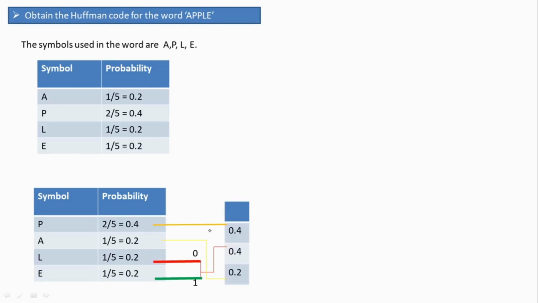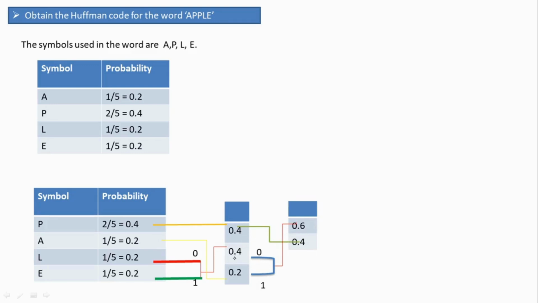When we add these two symbols, 0.2 plus 0.2, that will be 0.4, so it is 0.4, 0.2. Then again we have to assign 0, 1 here, add these two probabilities, and rearrange all the symbols in descending order.